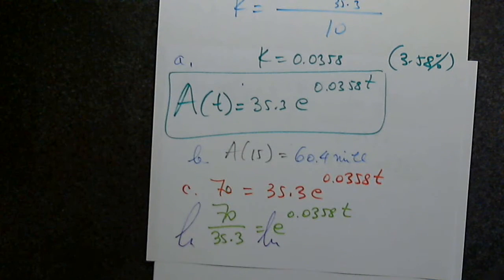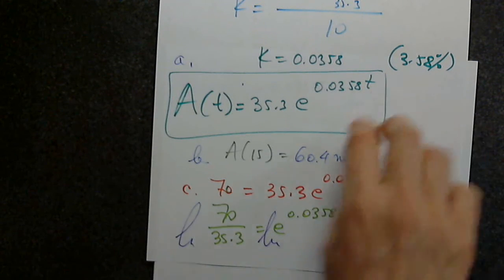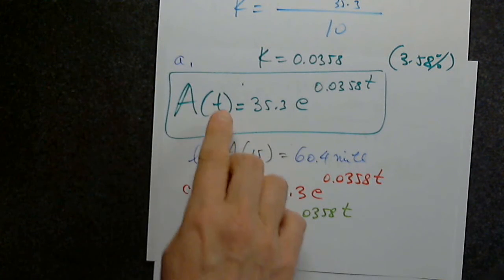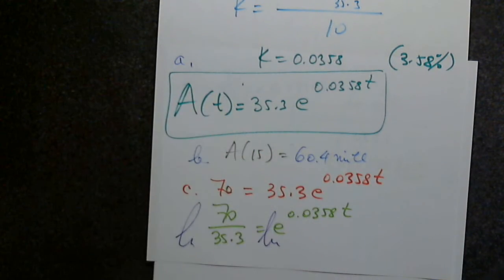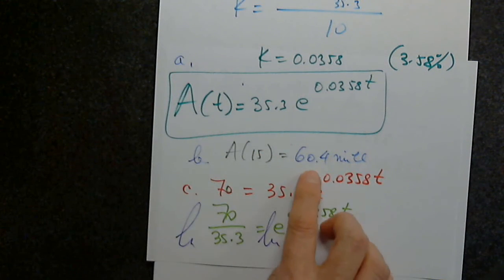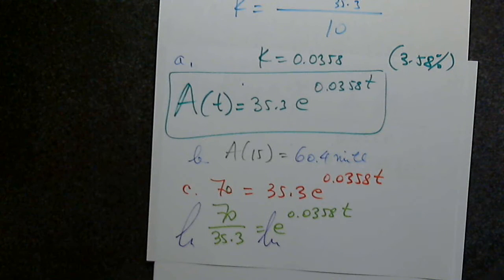Okay, so we put 15 into that equation, where t is 15. The function when t is 15, and the answer was 60.4. Is this clear now? Yeah, it's better.